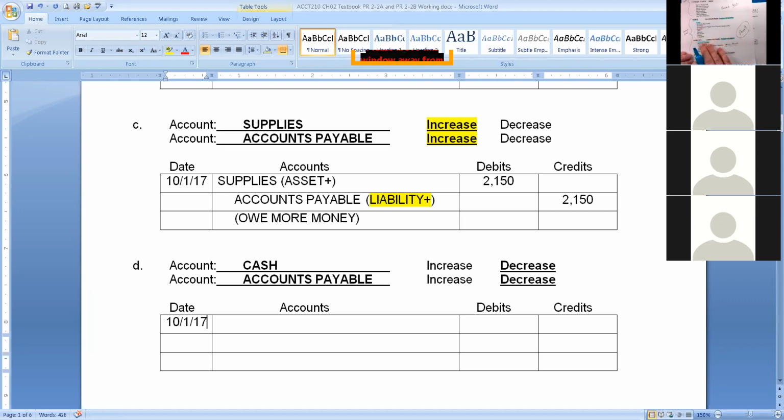Cash is going down. Accounts payable is also going down. Okay, so I'll put the accounts payable. Again, I don't care which one you do first. So accounts payable, it's a liability. It's going down, $1,100. And our cash is also going down.